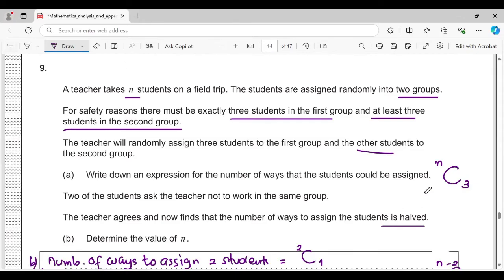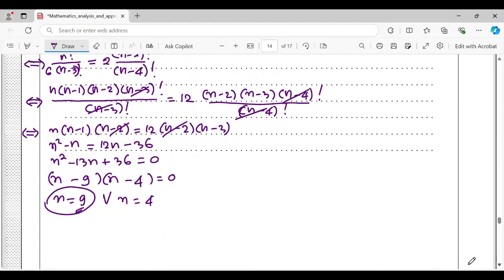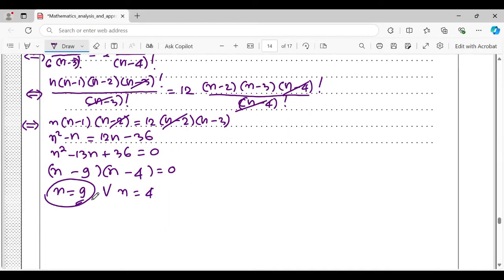It means n is more than 4, so 4 is impossible. So the solution is n equals 9, not 4.